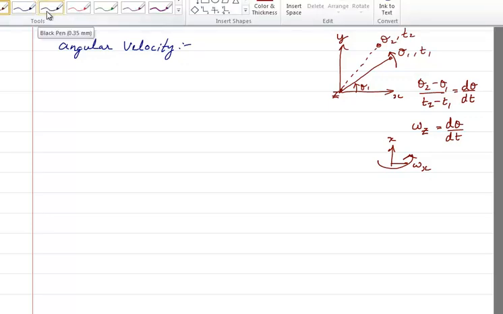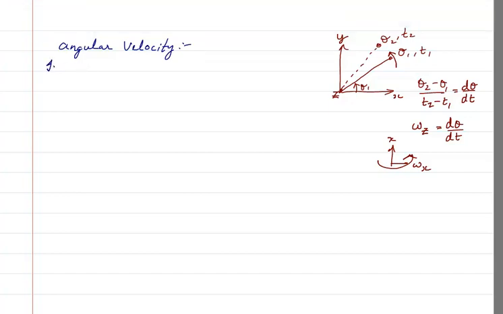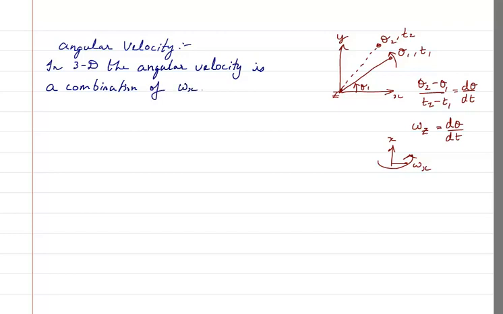In 3 dimensions, the angular velocity is a combination of omega x, omega y, and omega z.